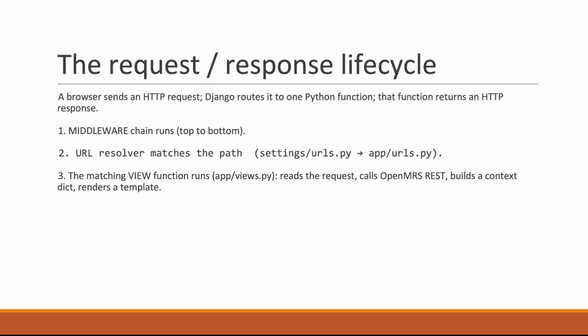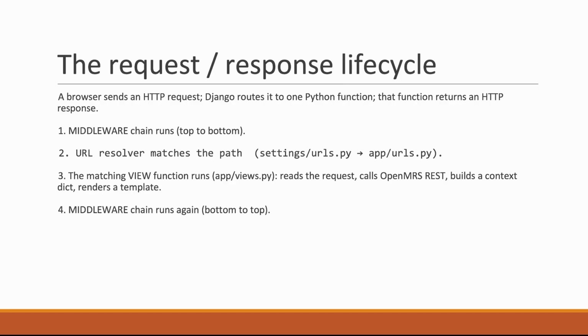It's not compulsory, but in Django apps, that's a convention. So views.py receives an HTTP request, which was routed by urls.py, handles it, and inside it is going to make OpenMRS calls and return a template.